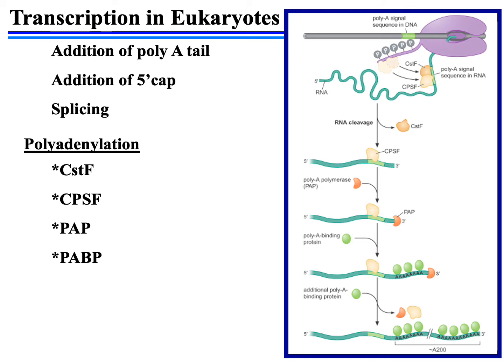And they enhance translation. They also play a role in enhancing splicing and play a role in mRNA transport. We'll talk about this in a little more detail again in the next lecture when we discuss concepts associated with processing.